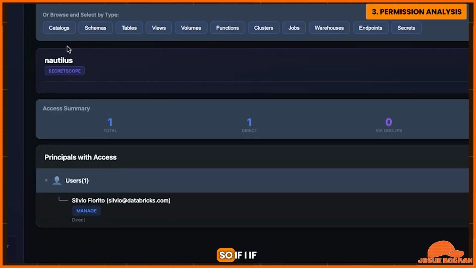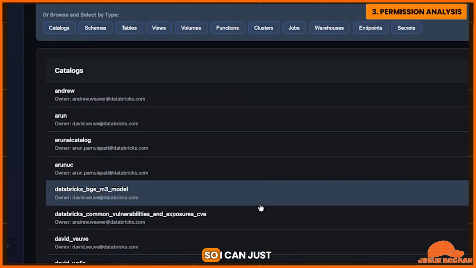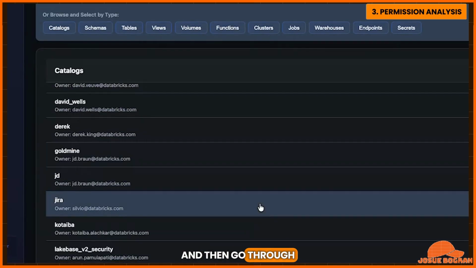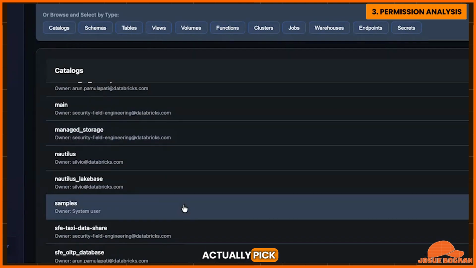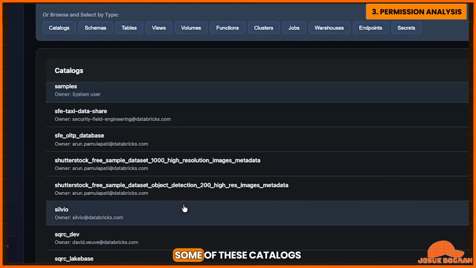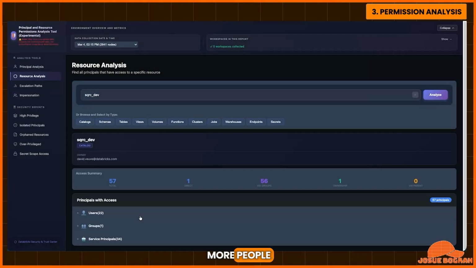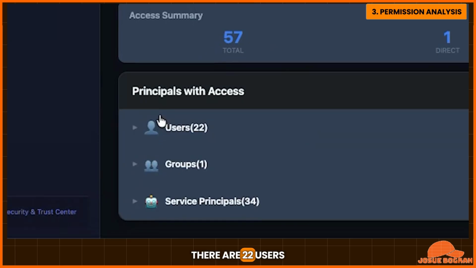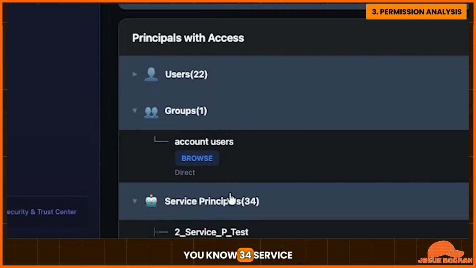If I don't even know what I'm looking for, I can just click on the catalog and go through certain things here, and then pick some of these catalogs. Let's go through this one, because more people should have access to this since it's a dev environment. Here I should be able to see more people who have permissions: there are 22 users, one group, and 34 service principals that have access to this particular catalog.